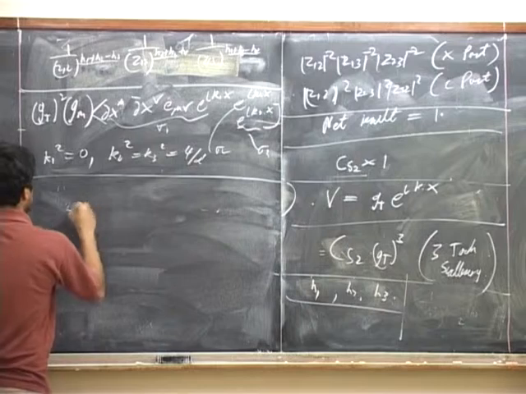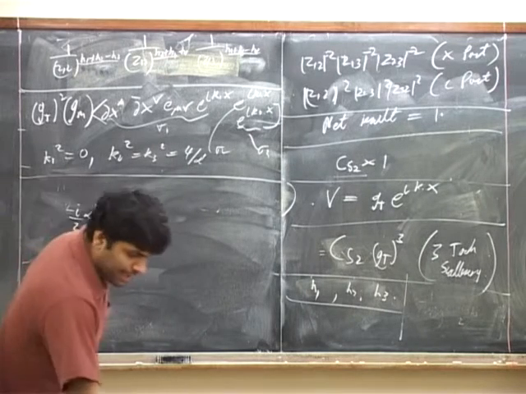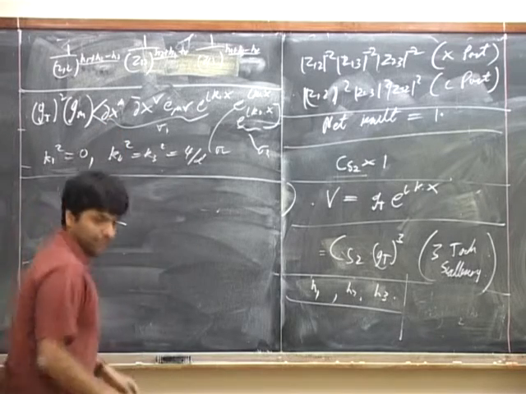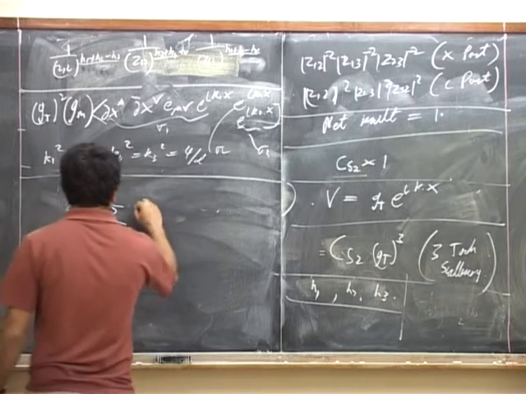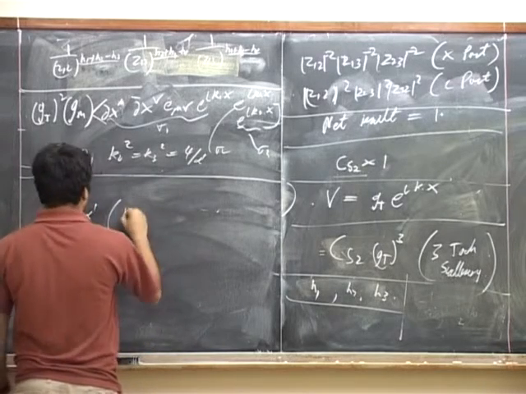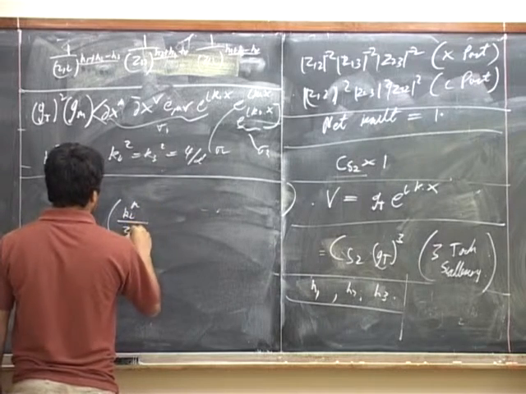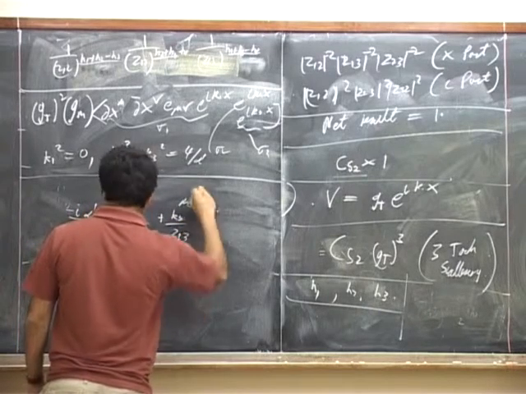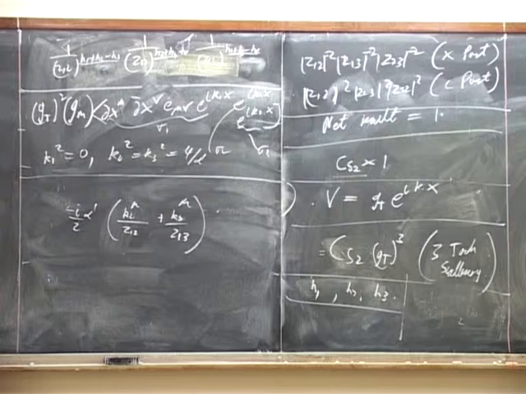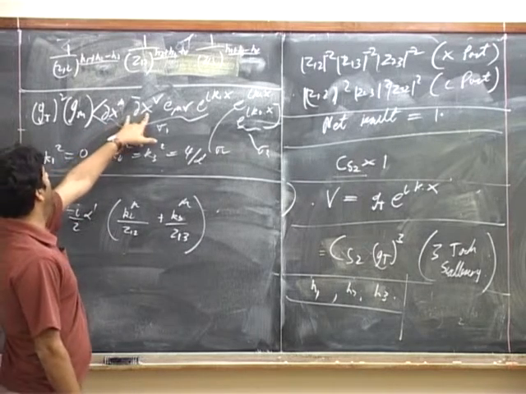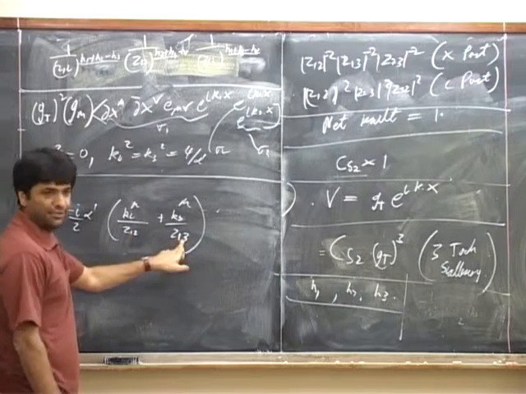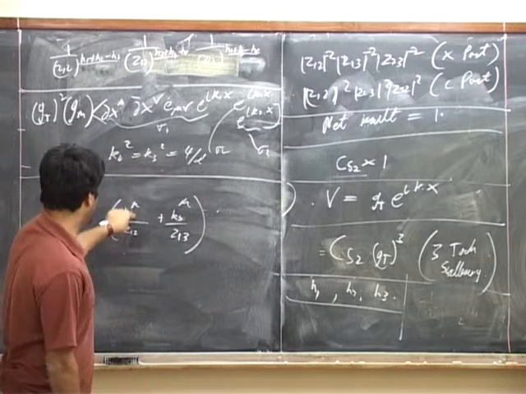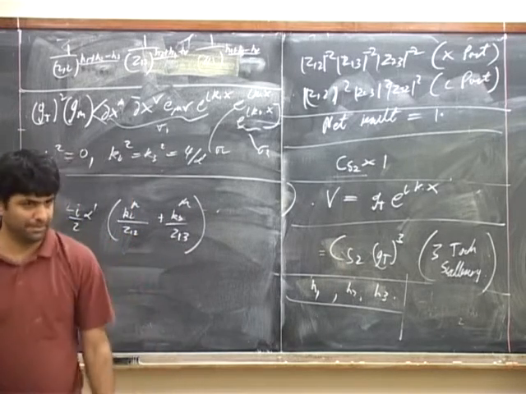You multiply by the factor minus i over 2 alpha prime times, and in this case we've got only one insertion, so I'll just write it out for that one insertion: the sum over k2 mu by z12 plus k3 mu by z13. This is the insertion at point z1, and then we're supposed to sum over all other k insertions.